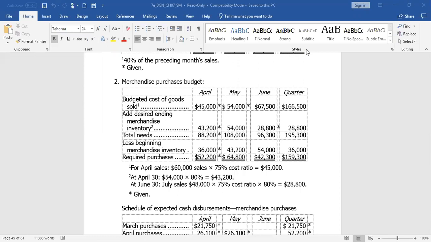So we'll only need to purchase $64,800 of additional inventory. And finally, June. We have $96,300 needed. We start with $54,000, so we only have to purchase an additional $42,300.